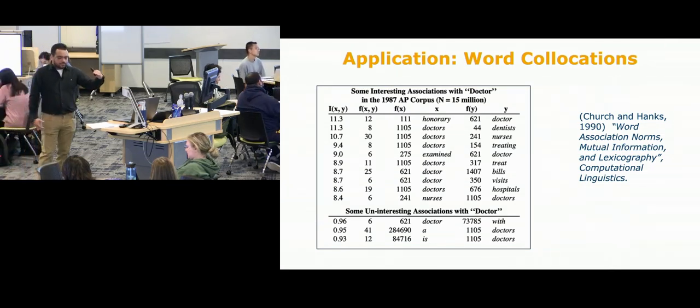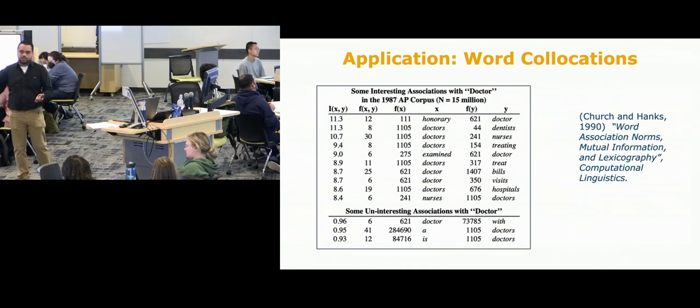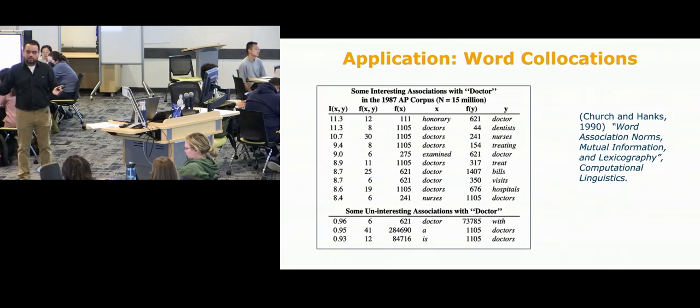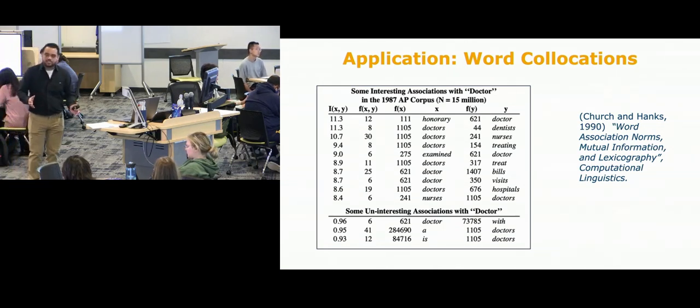Based on mutual information, it's able to figure out that a or is is not a common association with doctor, because a and is occur with pretty much every other word. Even if instead of doctor it was a nurse or a person or a player, it would still occur. So that's why a doctor is not an interesting association. Similar idea to what we saw in our games and videos example, right?